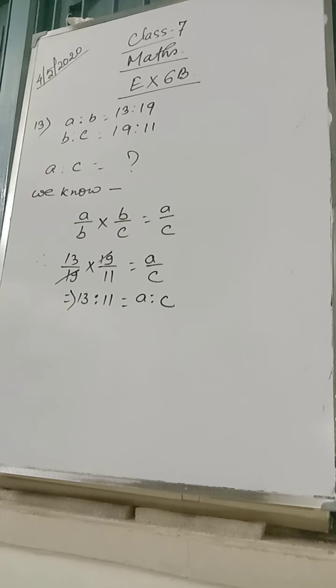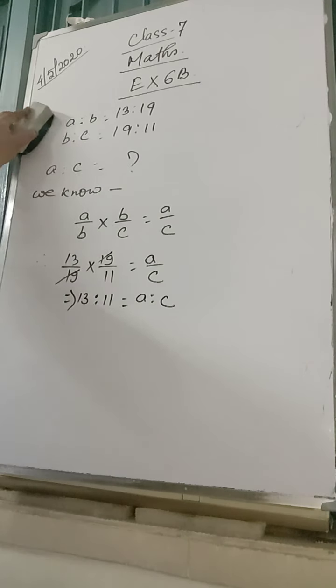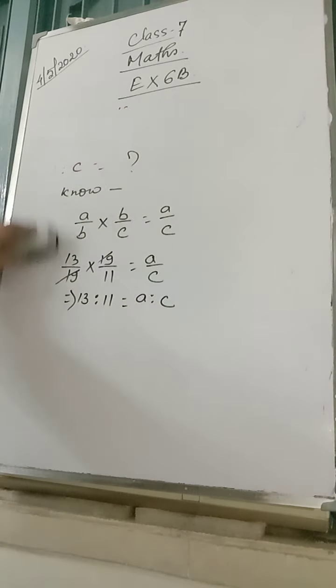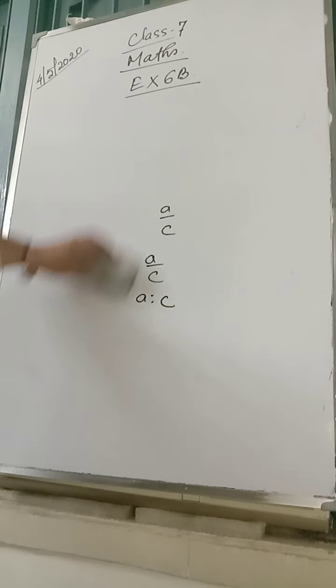inverse. What does it mean? Direct variation and inverse variation. Direct variation means both are increasing. Just for example, if you have purchased one book for 10 rupees, so 3 books will be 30 rupees. Why? The number of books is increasing, so cost is increasing.